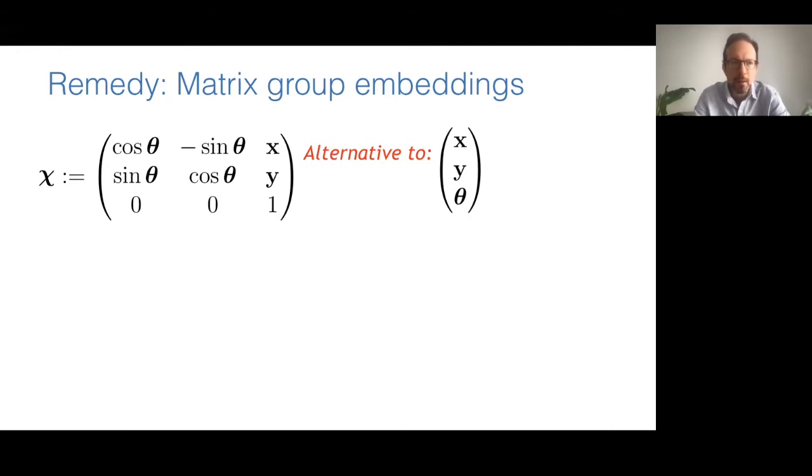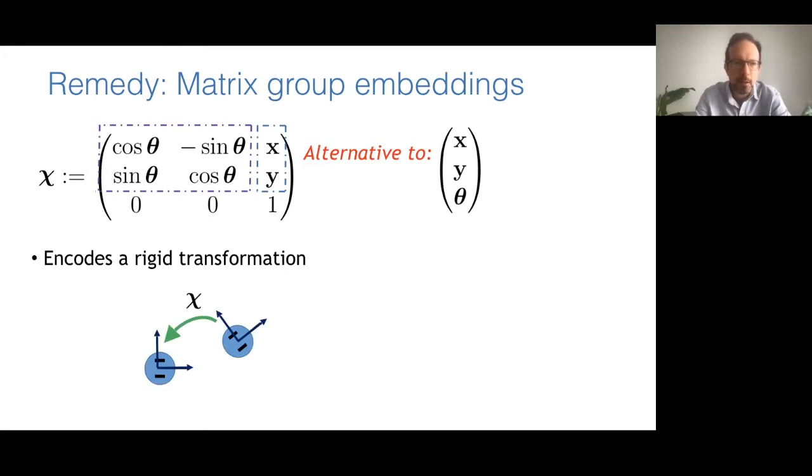So that's an alternative state, and those matrices bear an interesting structure. Let me detail how they are made. They consist of a rotation matrix of angle theta and a vector xy, which encodes the position of the robot. So it's strictly equivalent.